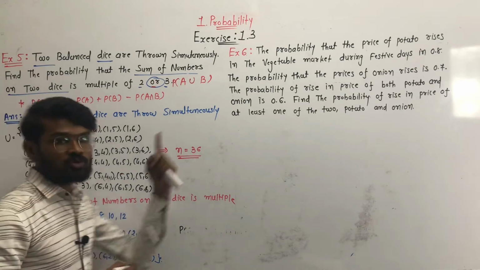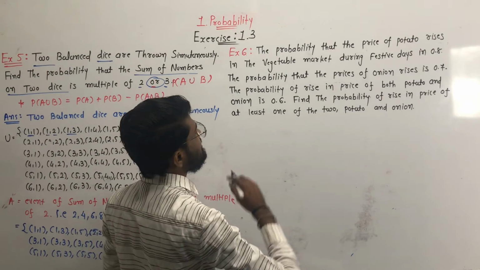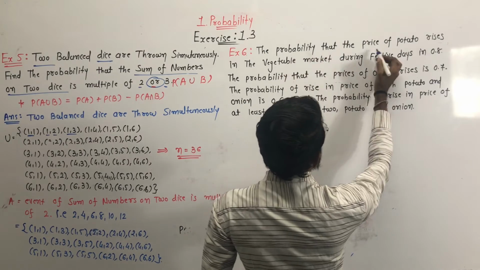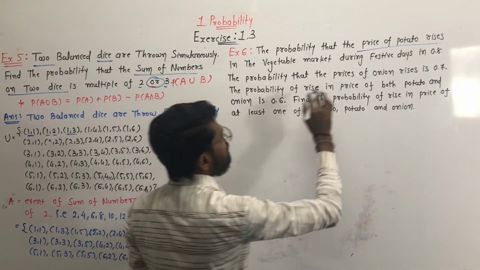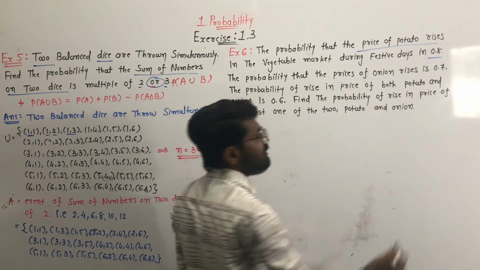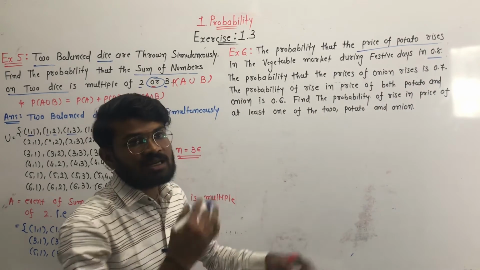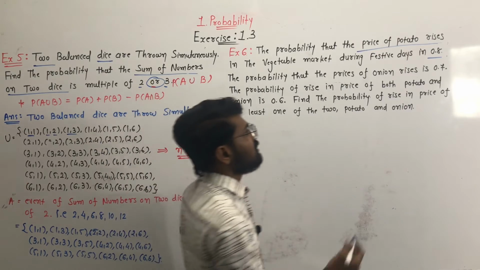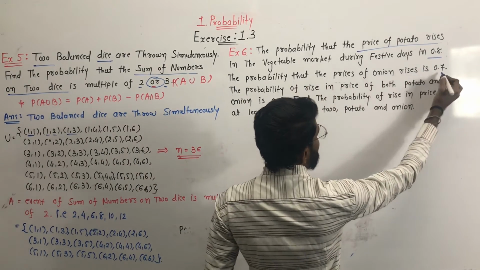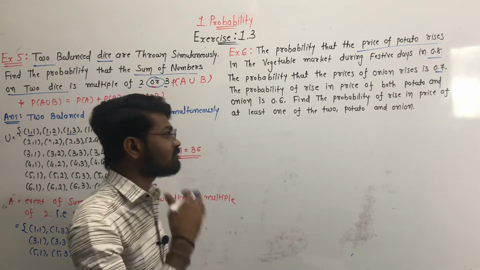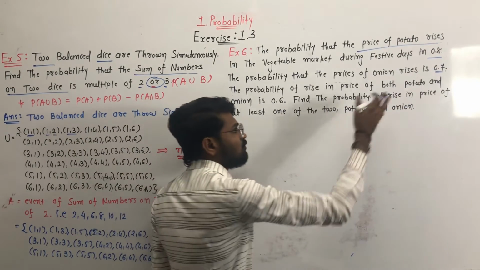Okay, now come on to example number 6. The probability of the rise in price of potato in the vegetable market during the festive days is 0.8. The probability of the rise in price of onion is 0.7.